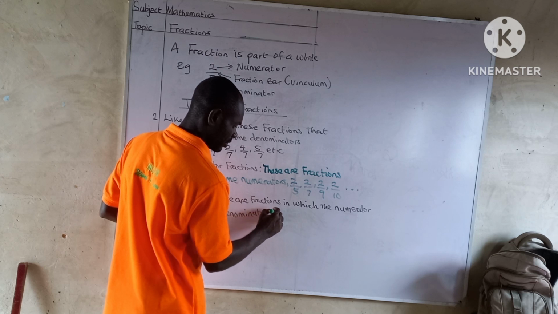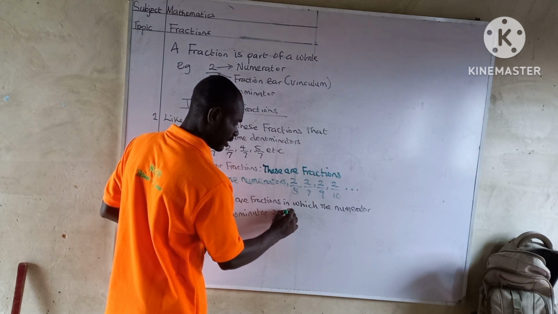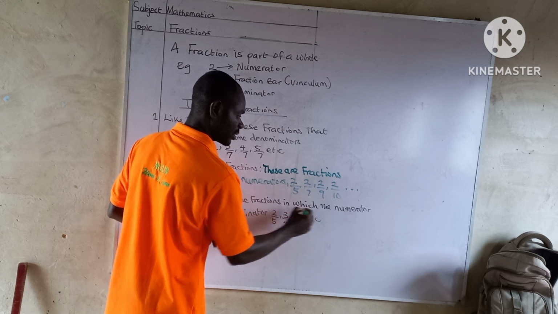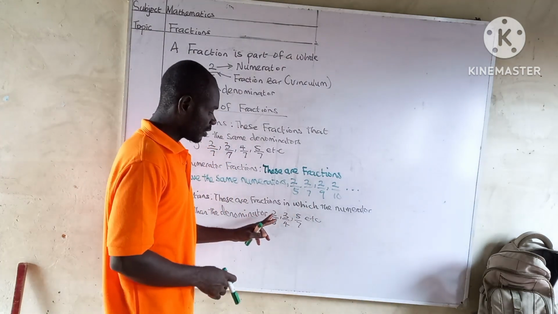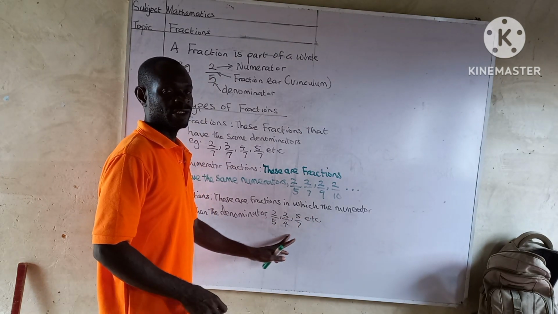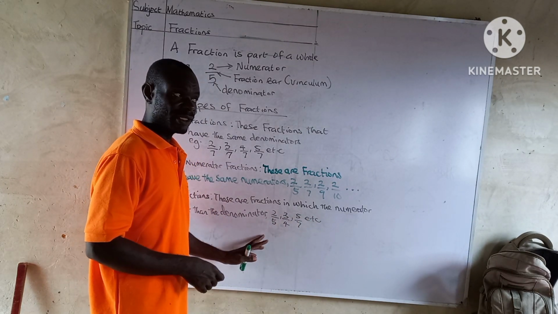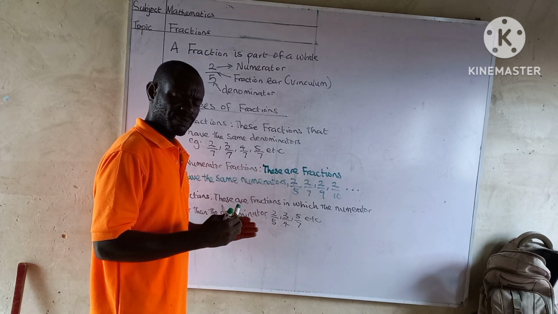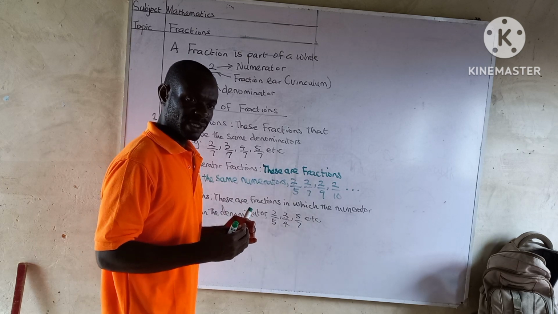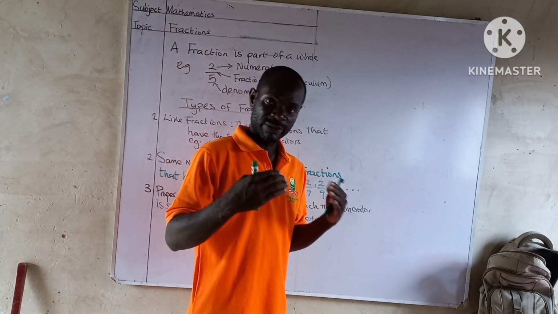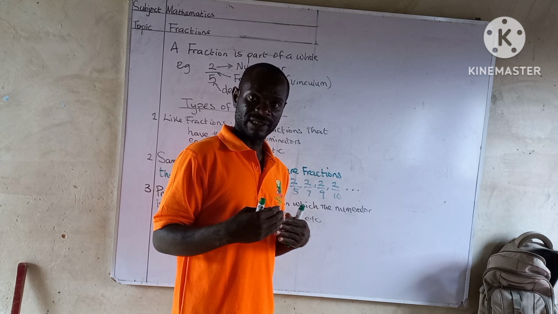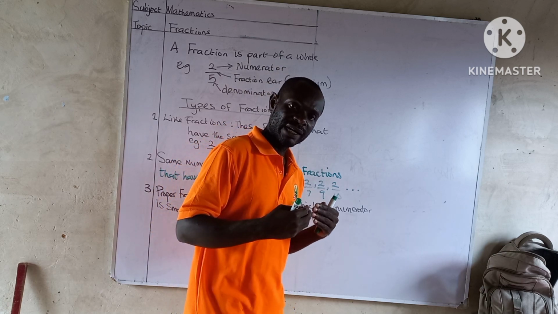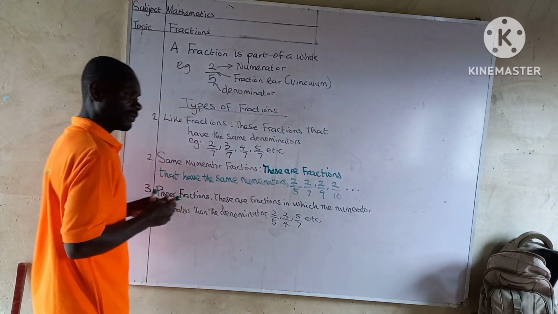You see fractions such as 2 over 5, 3 over 4, 5 over 7. All these fractions are proper fractions. Why are they proper fractions? Because their numerators are smaller than their denominators. It is very proper for an elephant to carry a rabbit. But when a rabbit carries an elephant, it is abnormal. So when a small number is being carried by a big number, it is a proper fraction.